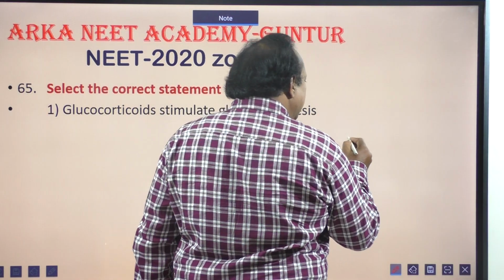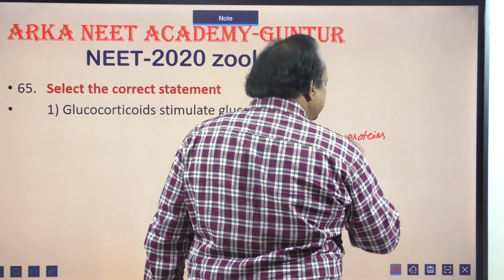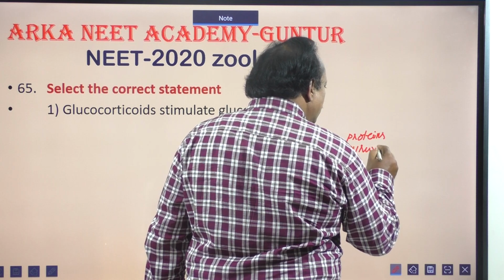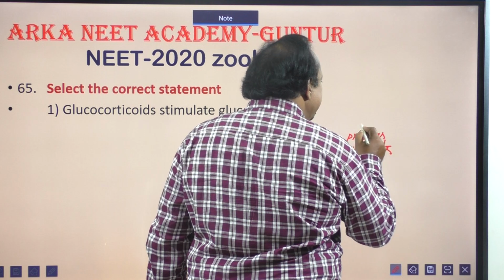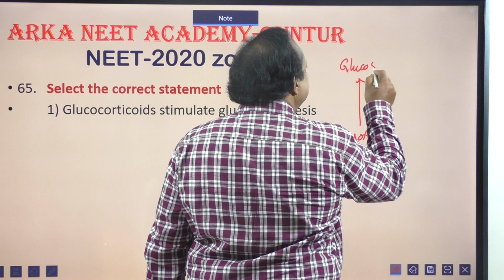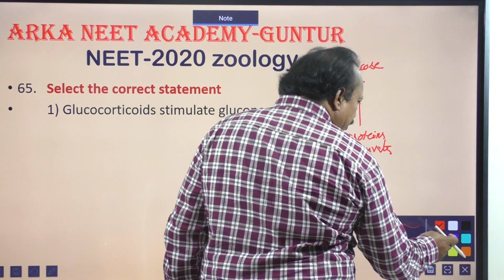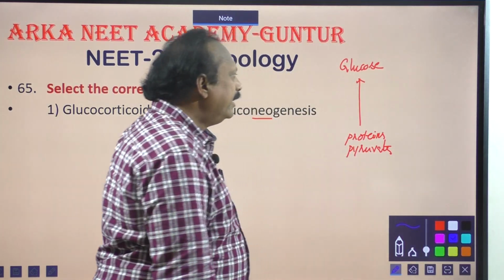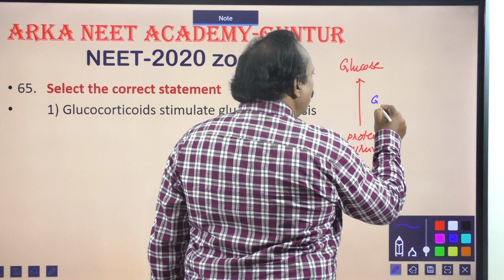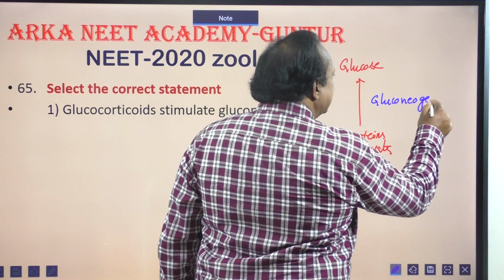Here the proteins, then the pyruvates, proteins, they transform into glucose. The transformation of non-carbohydrate sources into glucose is called gluconeogenesis.